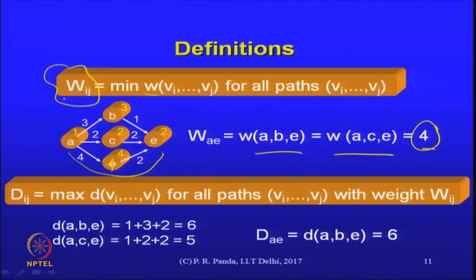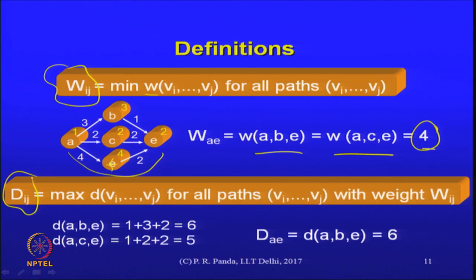This is like the minimum time required for reaching from A to E. Yeah, the minimum number of registers you need to cross as you go from A to E. It translates to time, but ignoring the combinational delays, we are only counting the clock cycles. Okay, so that is my capital Wij.